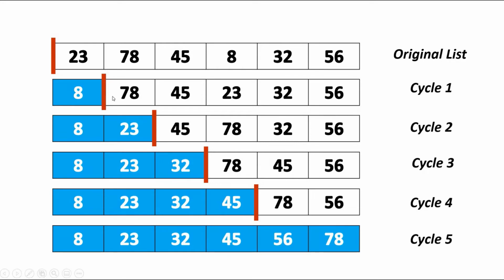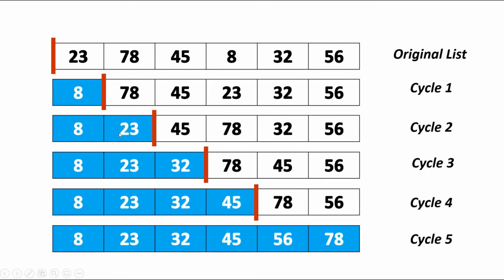Now at the next point, we check this portion. Here the smallest one is 23, and the first one of the unsorted part is 78. We swap these two, so 23 comes to that place and 78 goes to that place. The imaginary wall was moved one position, and the sorted and unsorted parts were updated.